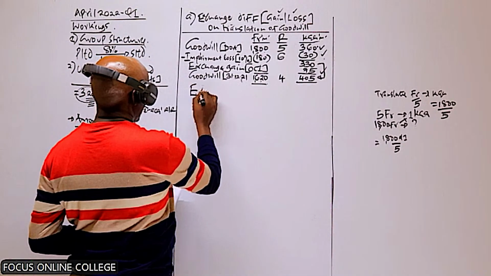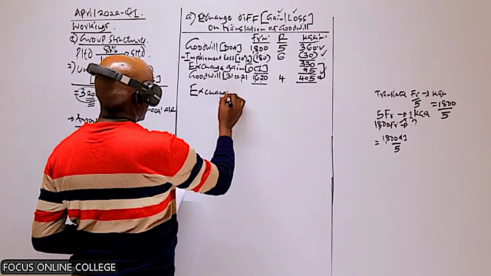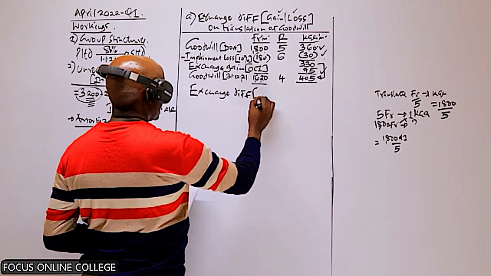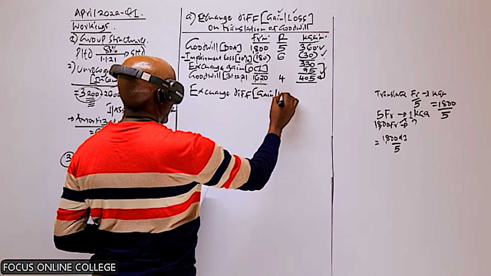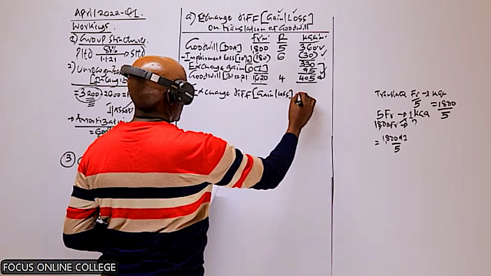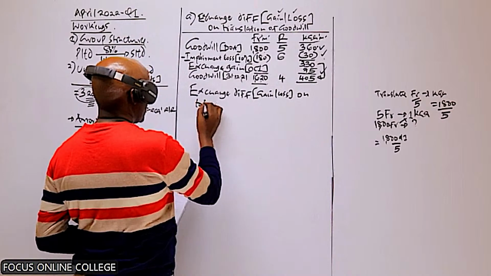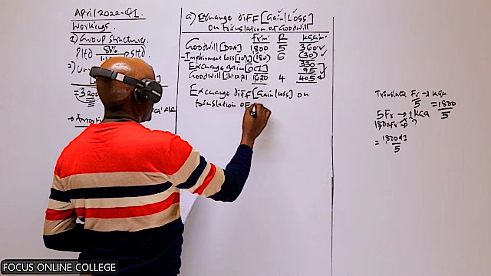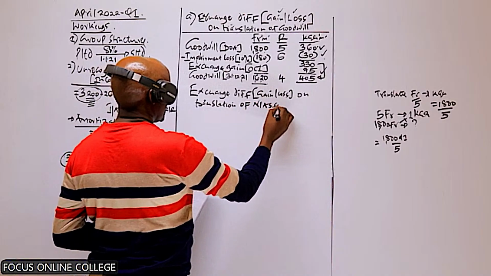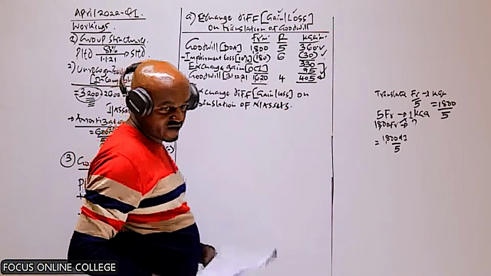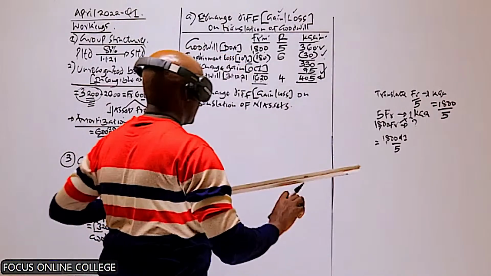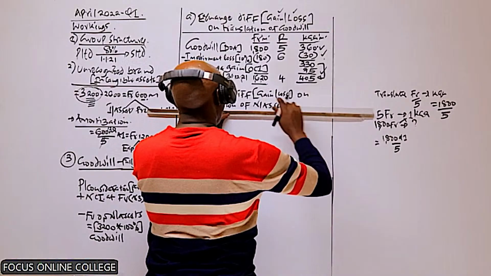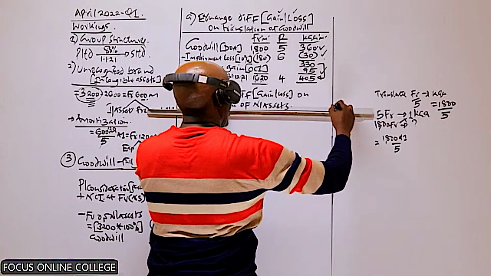So then still in Roman 1, we need to compute the exchange difference, which is gain or loss, which arises on translation of net assets.